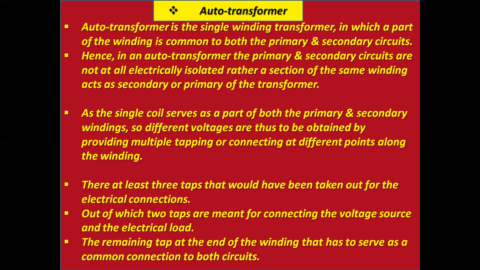There are at least 3 taps taken out for the electrical connections, out of which 2 taps are meant for connecting the voltage source and the electrical load. The remaining tap at the end of the winding serves as a common connection to both circuits.